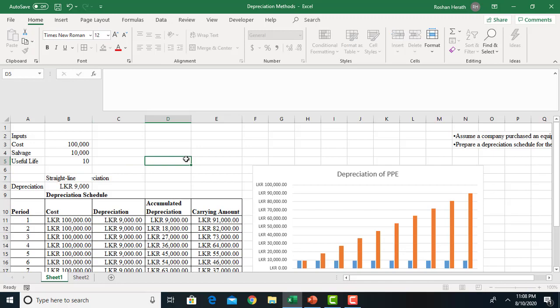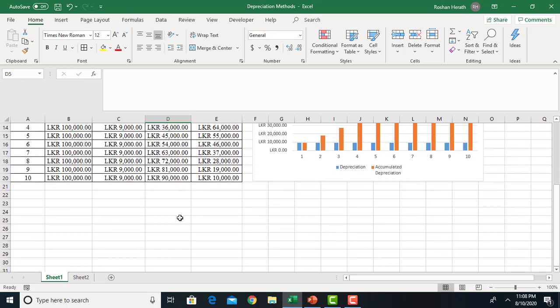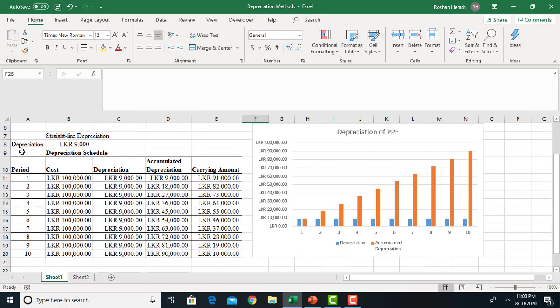Then we are moving on to the declining balance method, more specifically the fixed declining balance method. Under this, we may identify the depreciation schedule.